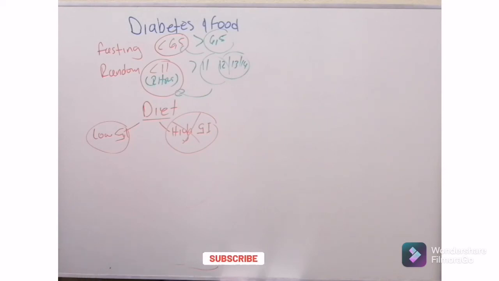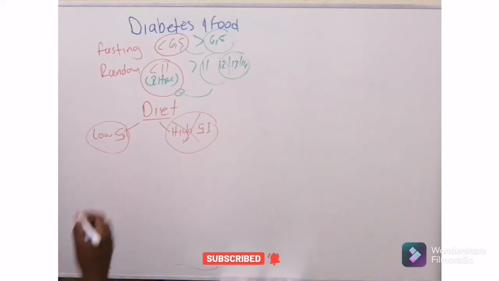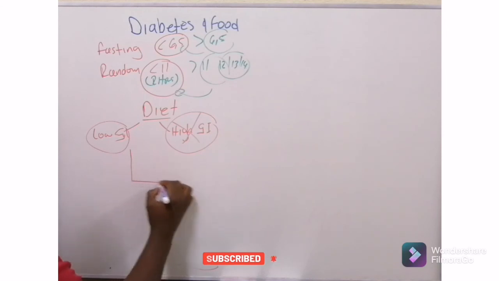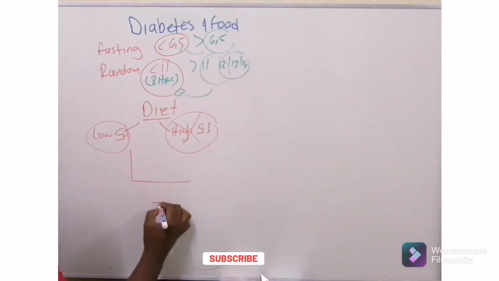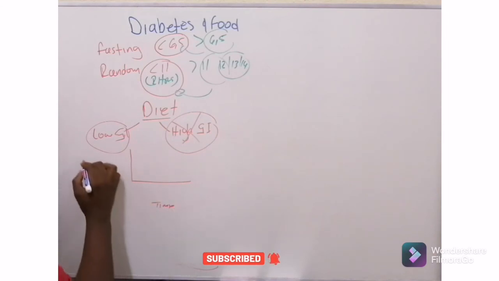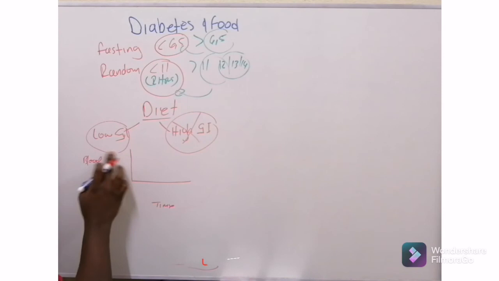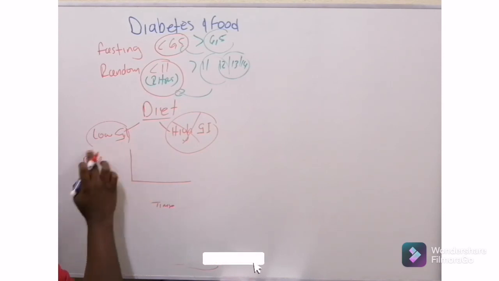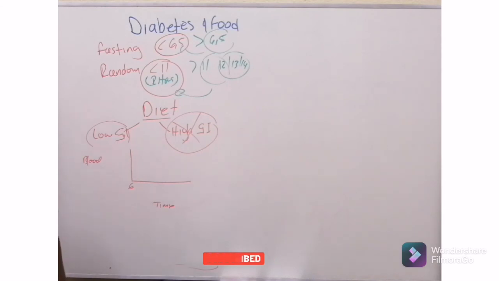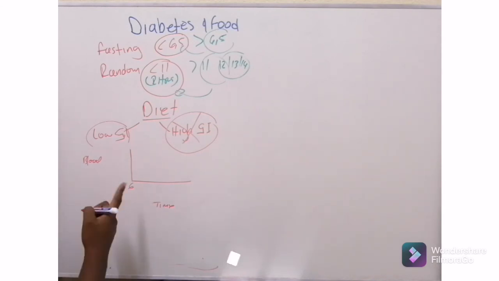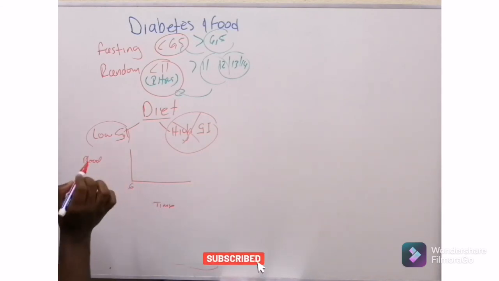When you are not diabetic, let's make this graph. This is going to be time, and this is going to be blood sugar level. Let's say at 6 o'clock in the morning I wake up.